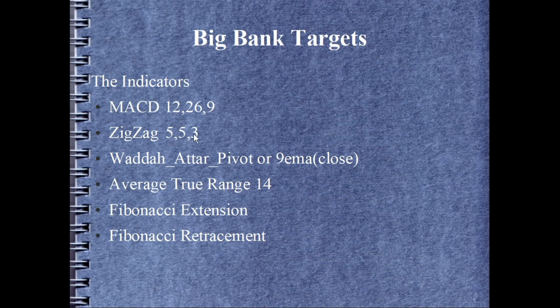You have to change that to 5. The Wada Atar, or the 9 EMA on the close, and the average true range, which is on default 14, and then the Fibonacci extension and the Fibonacci retracement. These are the two target makers.